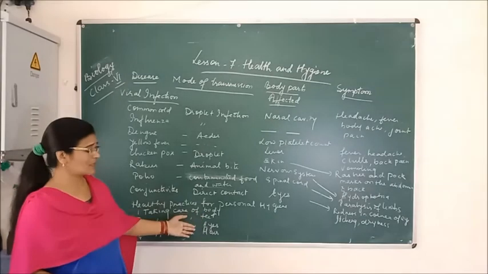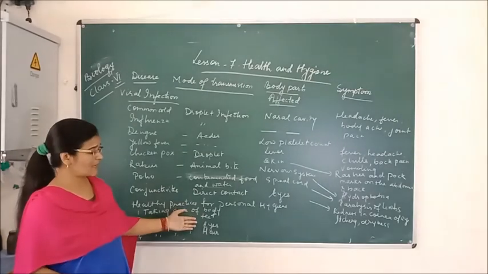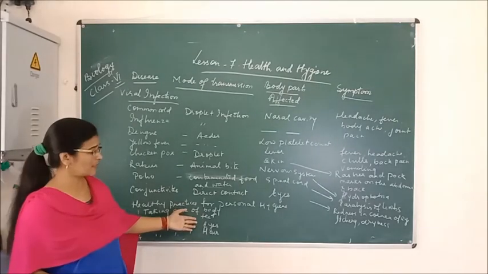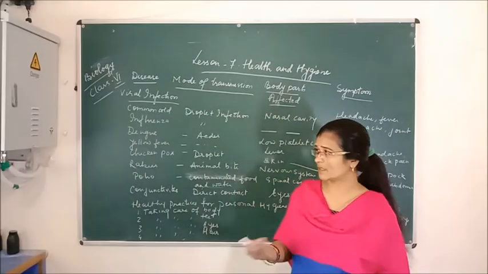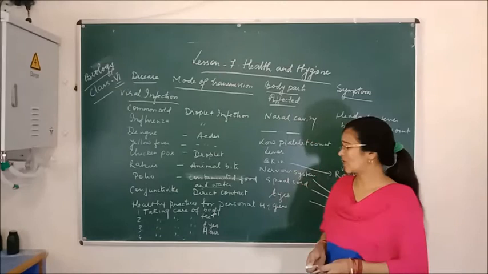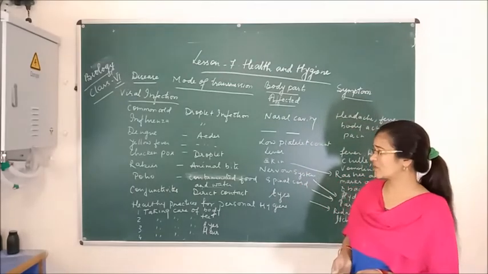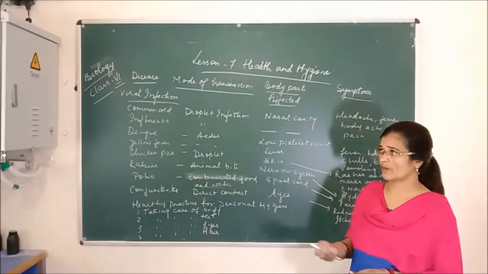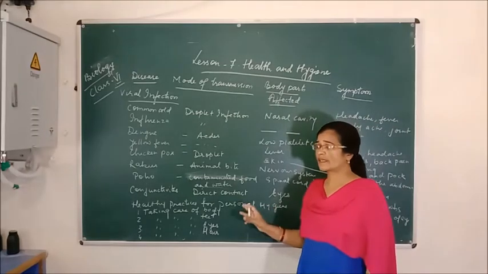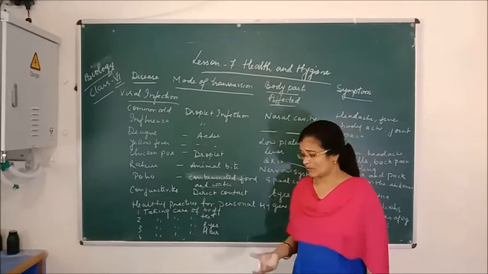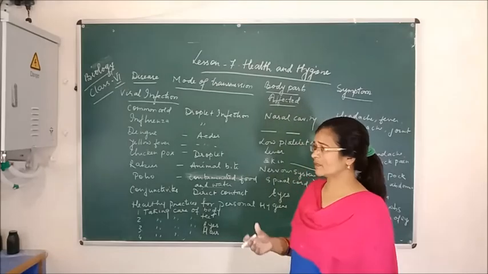All these are the simple personal hygiene practices which we have to follow daily to protect our body from any kind of disease. Besides this, there are other steps to keep away any kind of communicable disease, like taking a handkerchief daily.